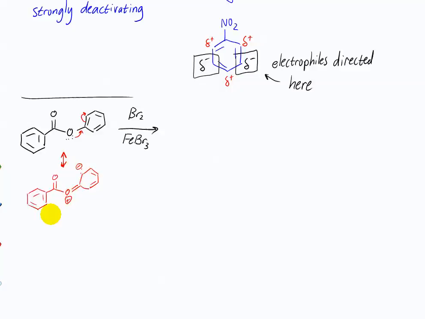And that negative charge going up to the ortho position, and that can also be passed to the para position, shows that that's actually most susceptible, since that's the thing that's going to be attacking the electrophile.